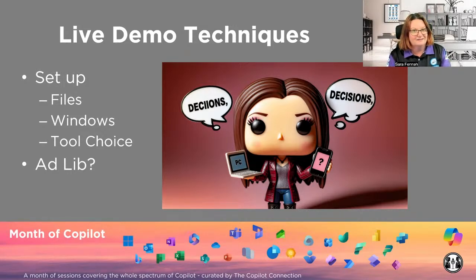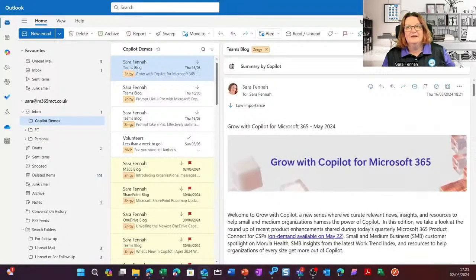Make sure your files and windows are all set up. If I'm going to demo Copilot, I put all of the files and apps that I want onto my shared screen in the right setup. So for example, if I'm going to pull up my Outlook, it's on my shared screen ready to go, and my Copilot demos folder is ready before I start.